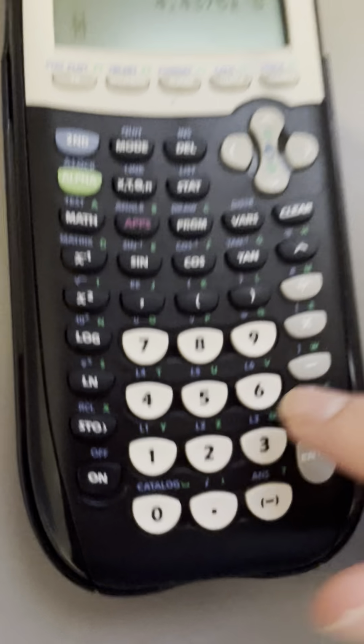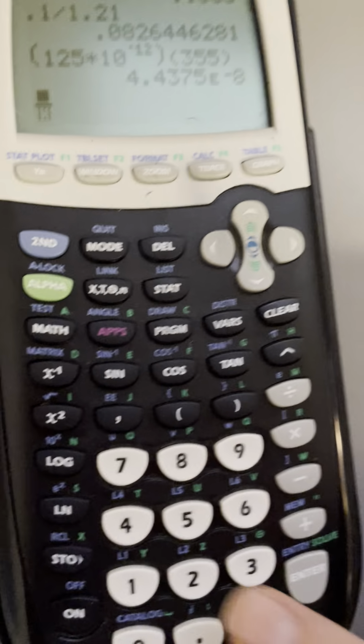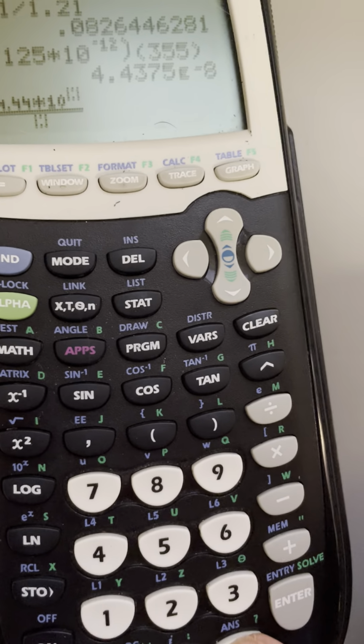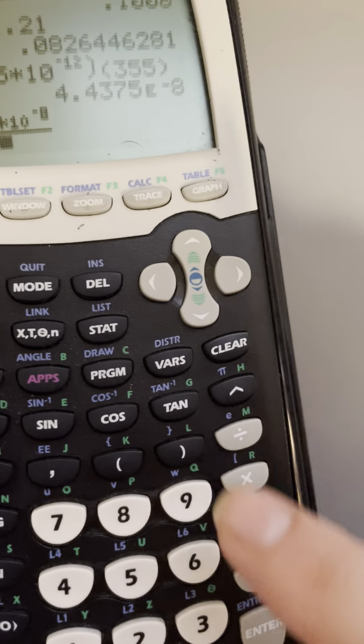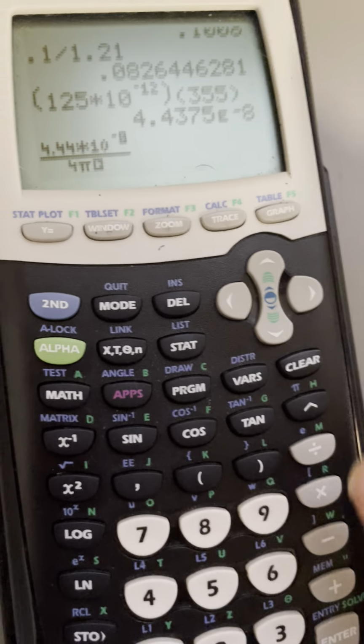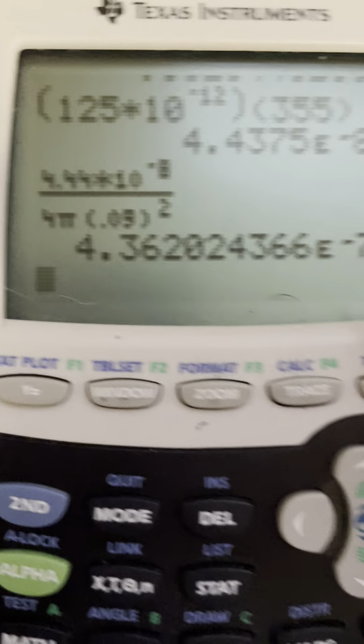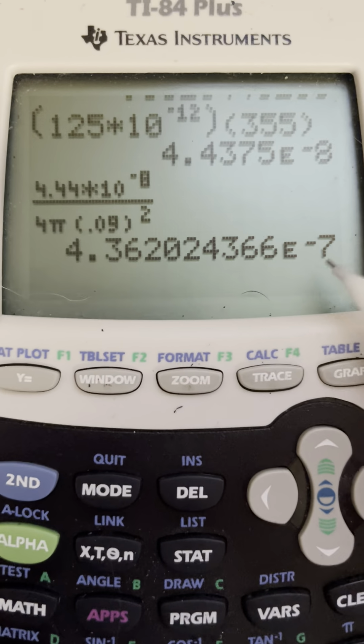We get 4.36 times 10 to the negative 7th, but that's going to be a negative value because we're talking about the outer shell.